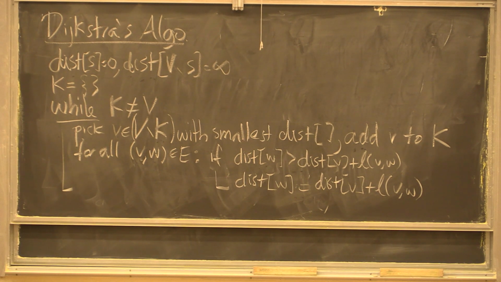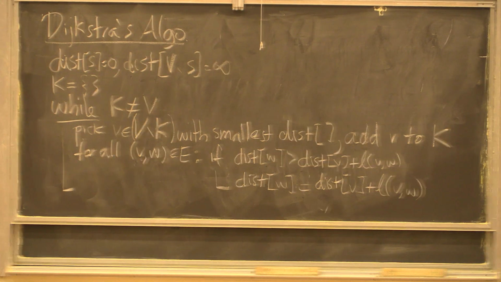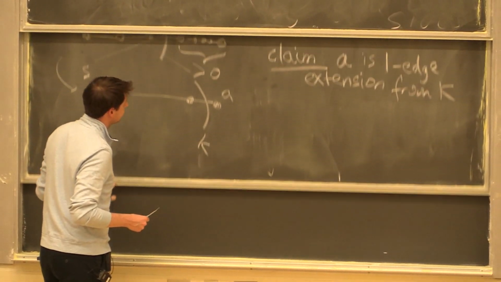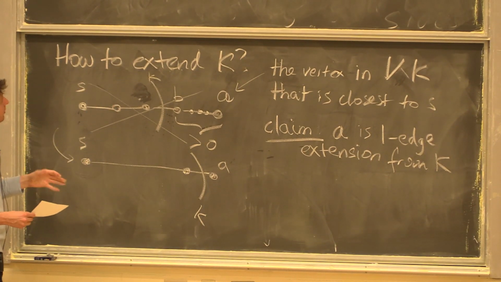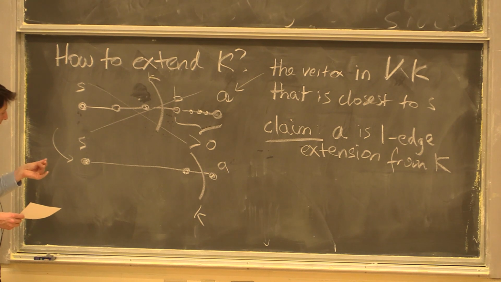How do you know the one-edge extension actually gives you the shortest path to A? So the question was, how do I know that the edge extension gives me the path?